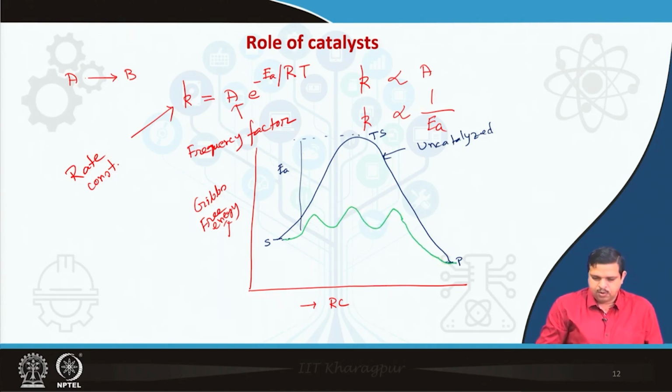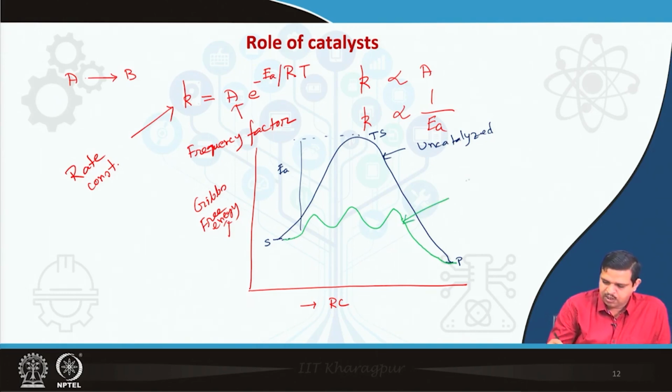So, here you will see that the green is the catalyzed. Now, what will be your activation energy? Your activation energy will be, let us say, this one. So, you will see that E A prime is much less than E A.